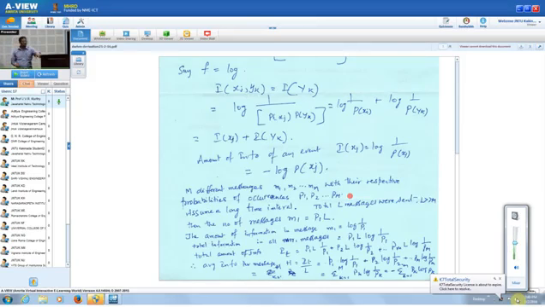Similarly, for M2, P2 L, P3 L, etc., PM L. Now, the amount of information in one single message M1 is log 1 by P1, M2 is log 1 by P2. Now, if you consider the total information of all M1 messages, it is P1 into L into log 1 by P1.